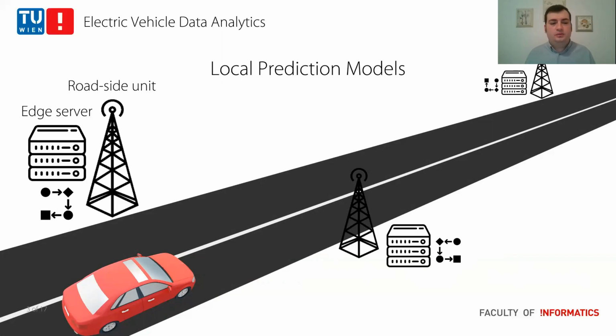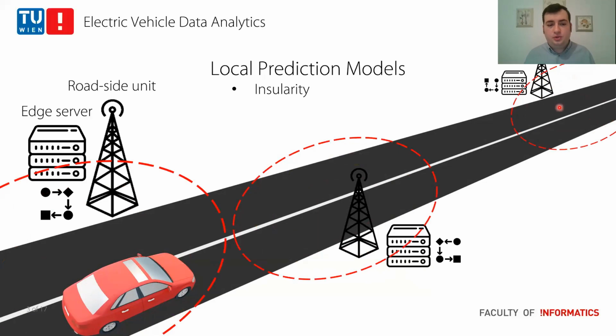We find three challenges in this scenario. The first is insularity, which concerns the limited range of roadside units. Due to this limitation, each edge server only has access to the data in its proximity, so it lacks the global view of the whole environment.